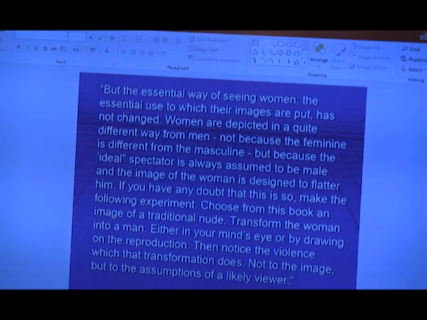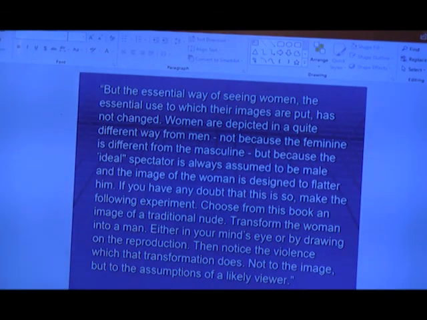Watch movies from the 60s, the 70s, the 80s. I know that's like root canal surgery for many of you. Is there an assumption of the maleness of the viewer? Do the research.